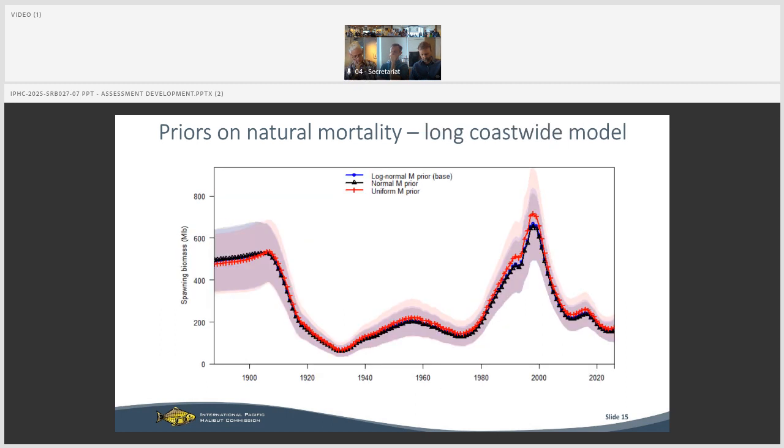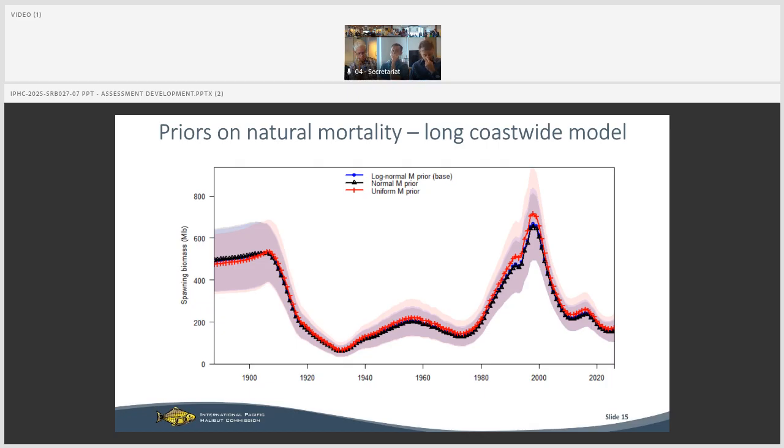Not much. This would be the model that has the largest effect, and you can see with a uniform prior, you're getting just a slightly higher M. So the biomass is larger, and the stock would be slightly less depleted. Because of the way growth is nearly linear for halibut, higher M means higher biomass.